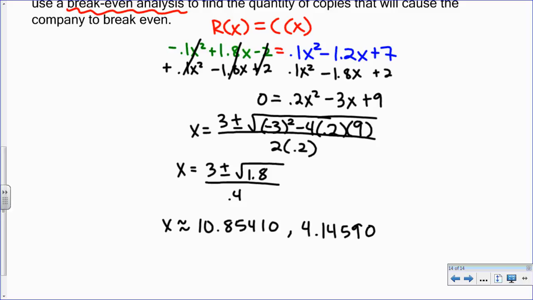Okay, so now to write it in hundreds of thousands, you just move your decimal place all the way to the right, so 1085410. That tells me that it's 1,085,410. And then 414590, 414,590 copies.